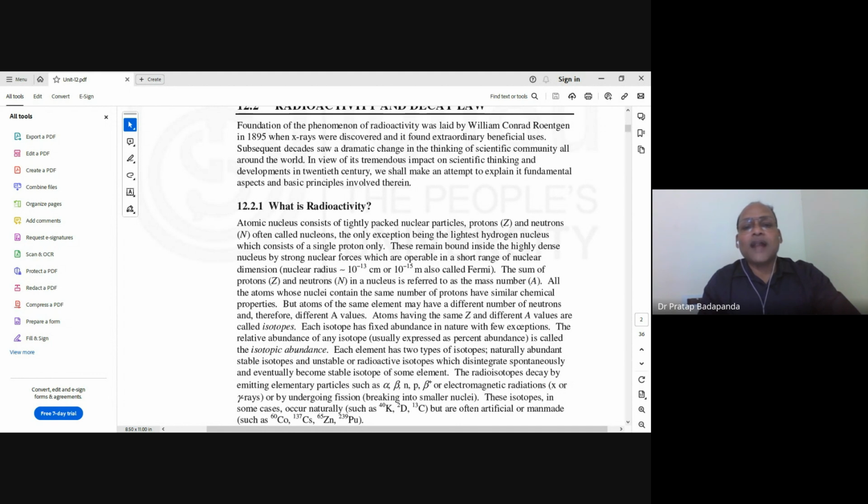All the atoms whose nuclei contain the same number of protons have similar chemical properties. For example, protium, deuterium and tritium are the isotopes of hydrogen.